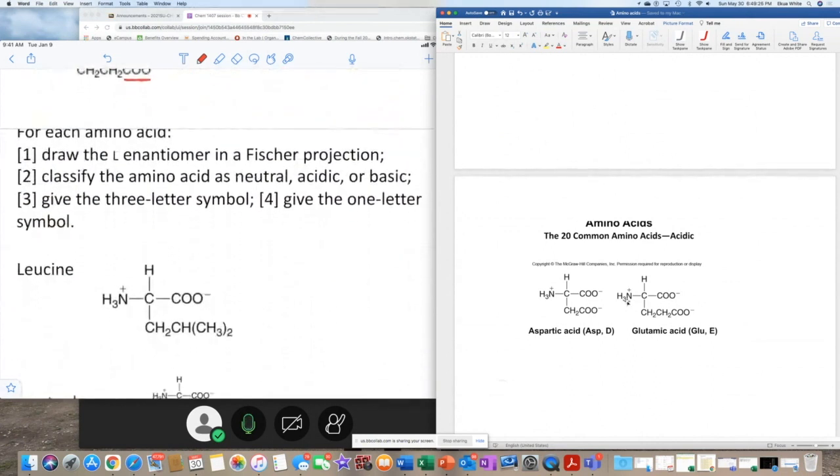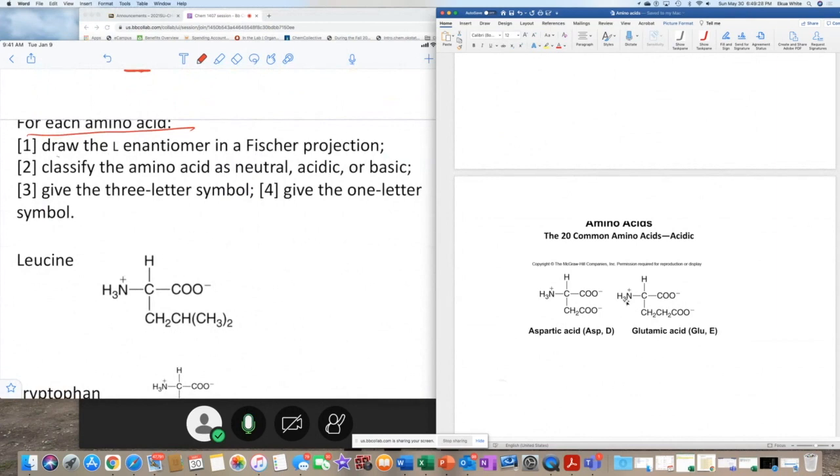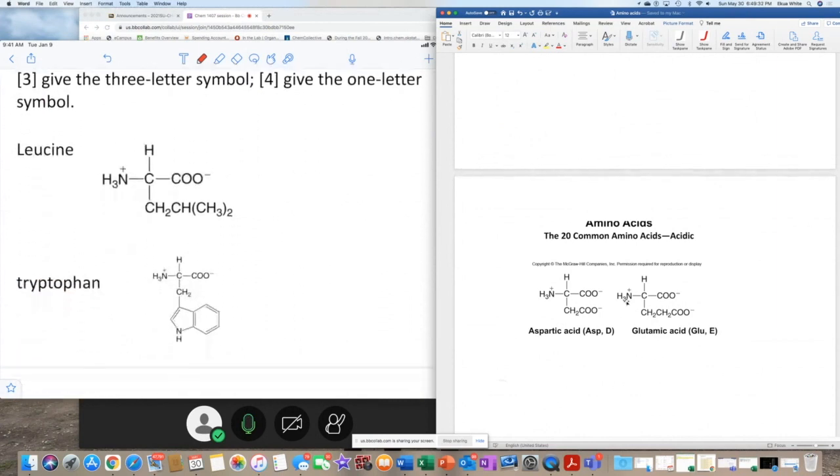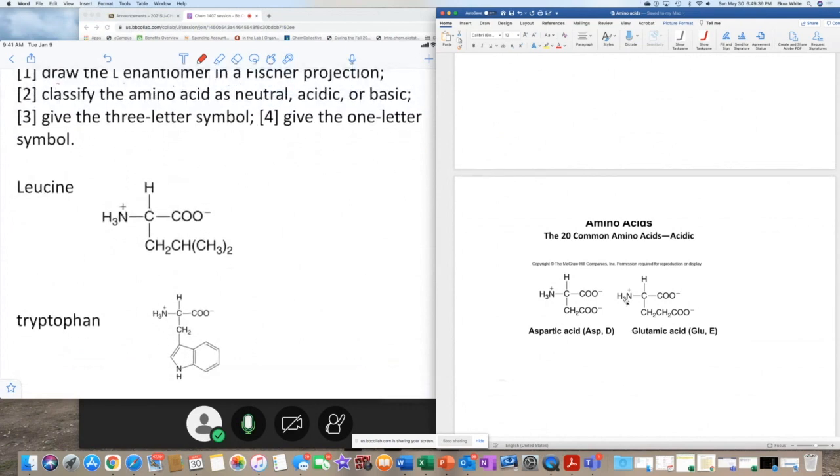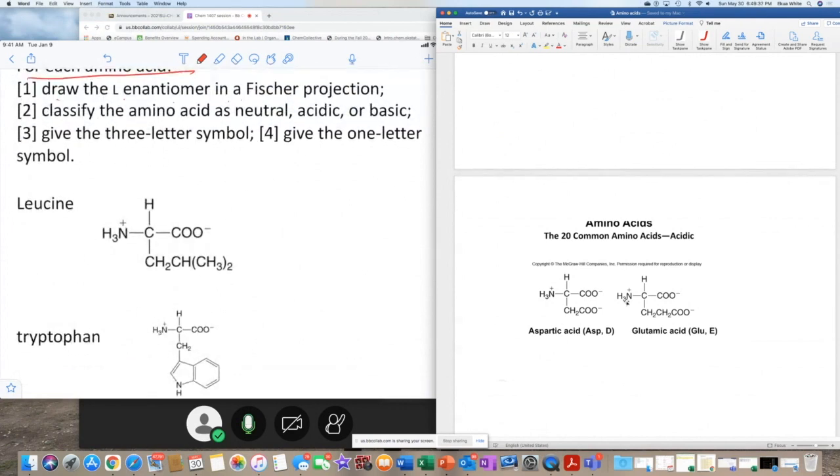For each amino acid, draw the L enantiomer in the Fisher projection. Okay, I'm going to pick one. And then classify the amino acid as neutral, acidic, or basic. Give the three-letter symbol and the one-letter symbol. I guess I can do this right here, so I might do both.